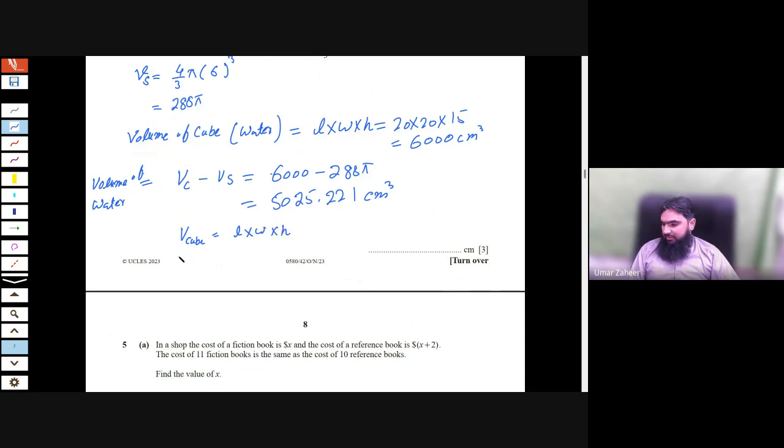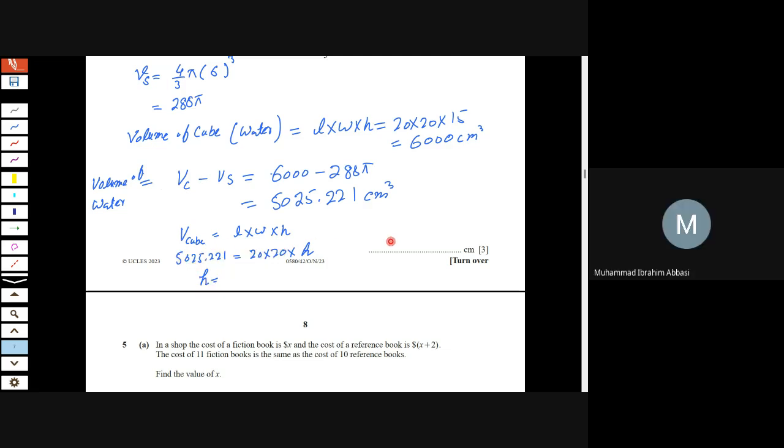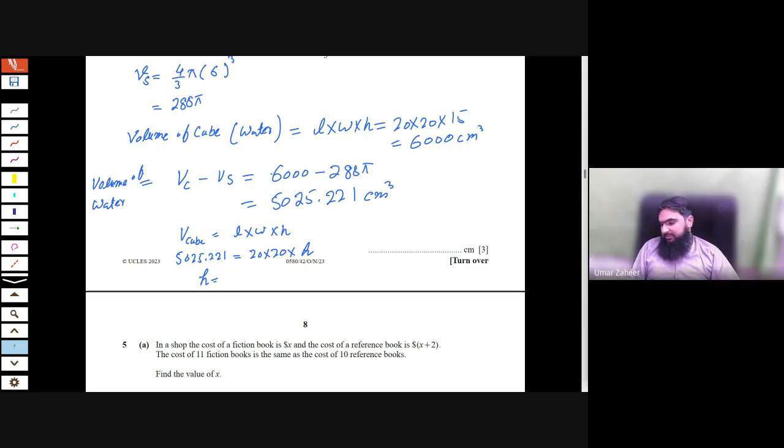So 5095.221 equals length 20, width 20, and the height we need to find. Divide by 20 twice, and what you will get is 12.7 centimeters.